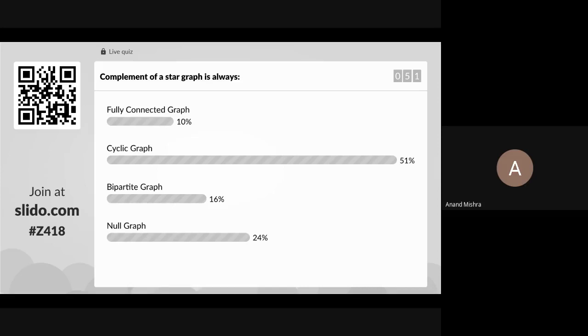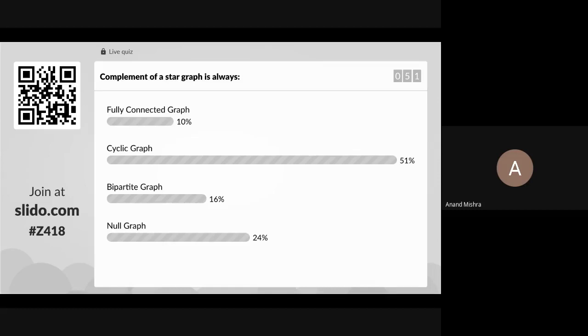Sir, but the central vertex will not be connected, so how can it be cyclic? For cyclic, we need a single cycle that goes around the whole graph. Not really. A cyclic graph is a graph which contains a cycle.